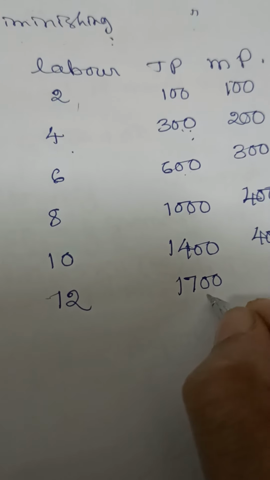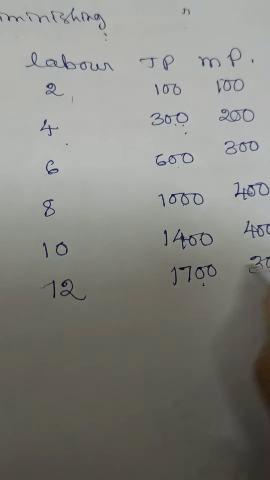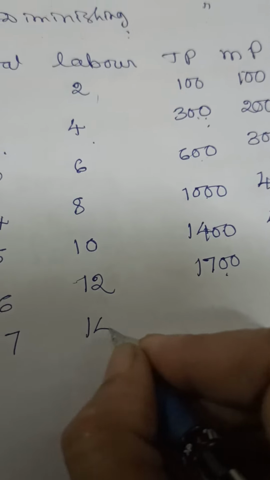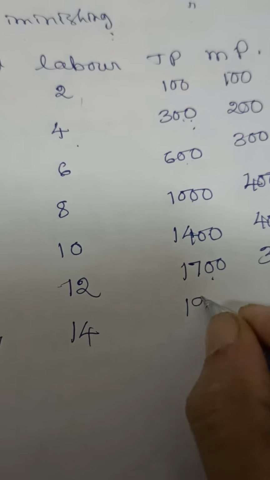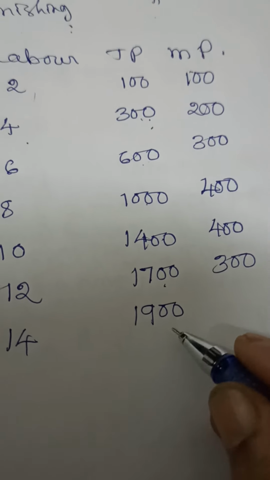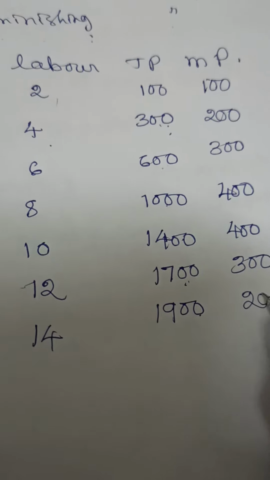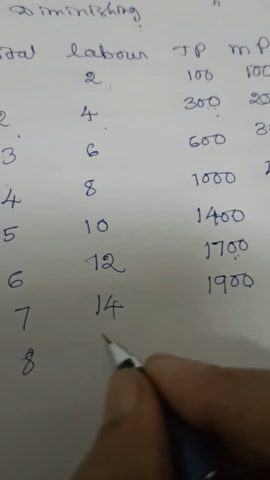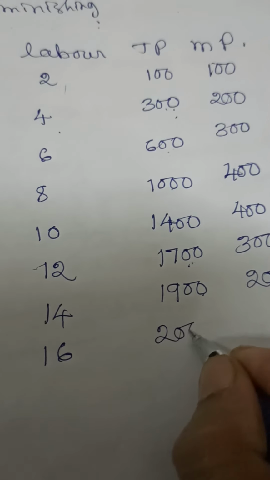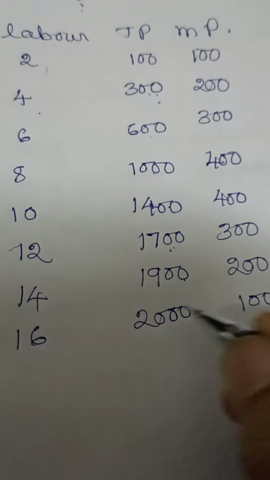So 1700 minus 1400, you will get 300. 7 units of capital and 14 units of labor. Suppose the total production is 1900. What is the marginal product? That is 1900 minus 1700, 200. 8 units of capital and 16 units of labor gives 2000 production. So marginal product is 100.